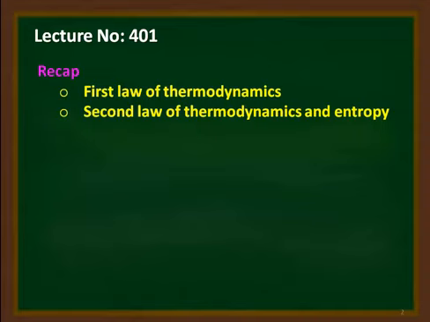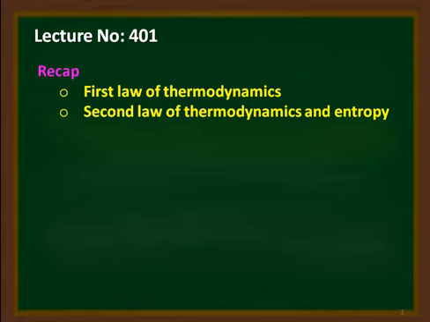Earlier we studied the first law of thermodynamics, and its application to open systems and closed systems. We discussed different properties of the system like internal energy, enthalpy, entropy, pressure, temperature, volume, and the cyclic process.